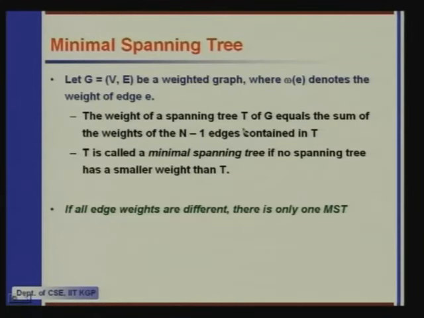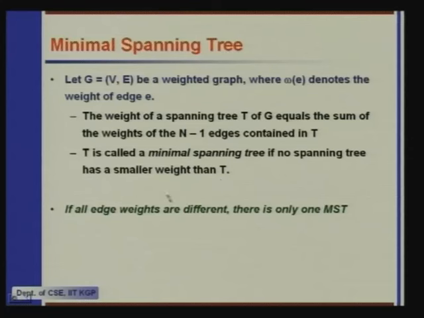The weight of a spanning tree T of G equals the sum of the weights of the n minus 1 edges contained in T. It is the sum of the weights of the edges, that is the weight of the spanning tree, and T is called the minimal spanning tree if no spanning tree has smaller weight than T. Okay.